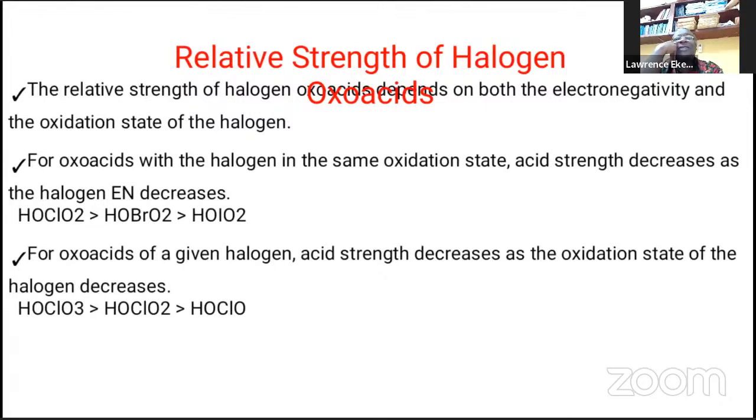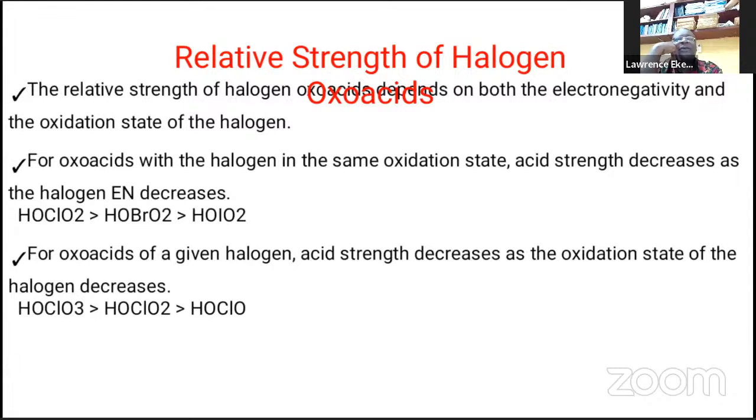So for oxyacids with the halogen in the same oxidation state, the acid strength decreases down the group. Why? Because the electronegativity decreases.